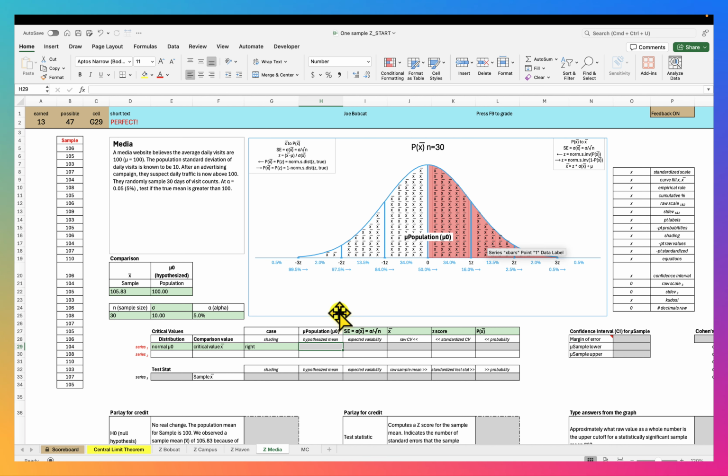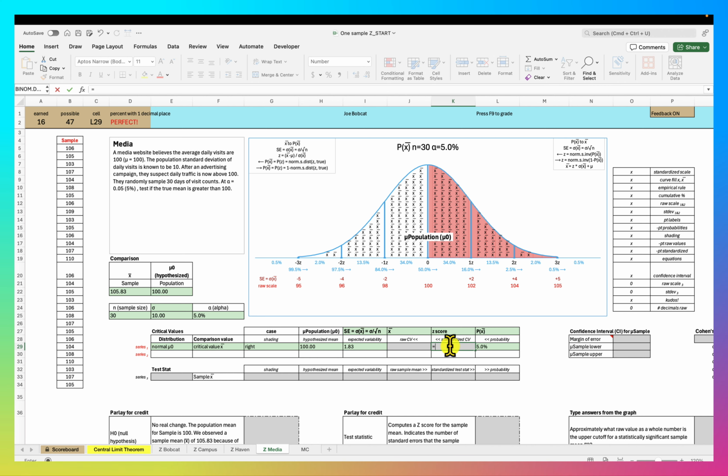Hypothesized mean from the problem is 100. Expected variability is going to be population standard deviation divided by the square root of the sample size. And then our probability now is all on one side, so we don't divide by 2.